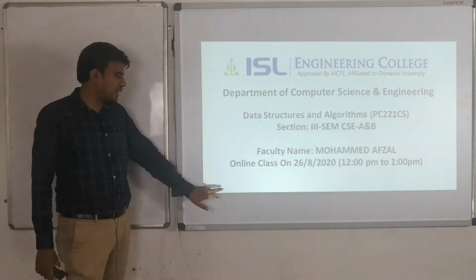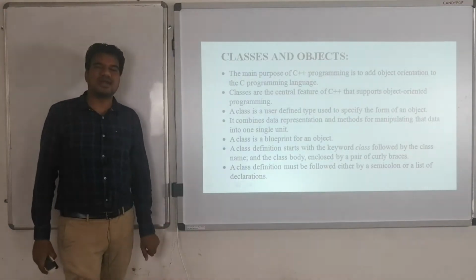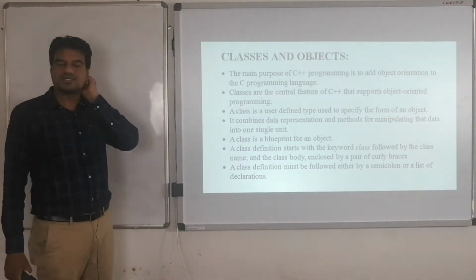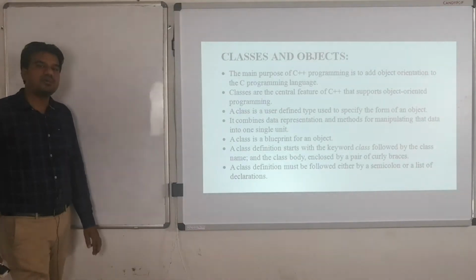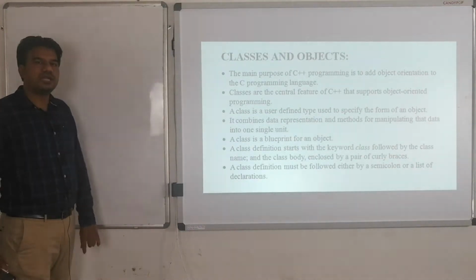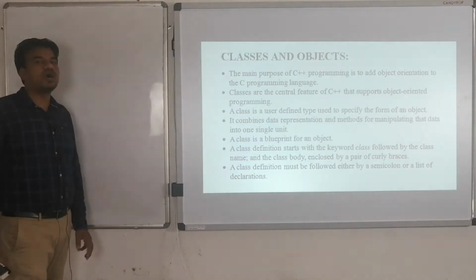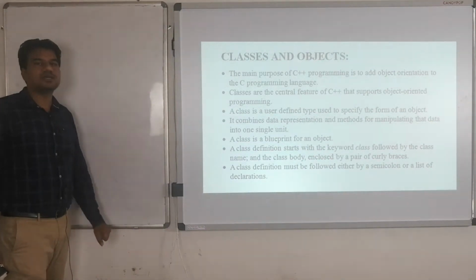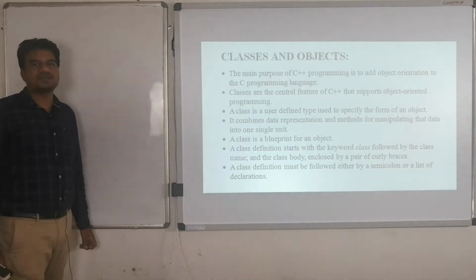Before getting into that, we have to know what classes and objects are. When I explained object-oriented programming concepts, I gave the definition of a class and object. I told you that a class is a blueprint and an object is an instance of that class.